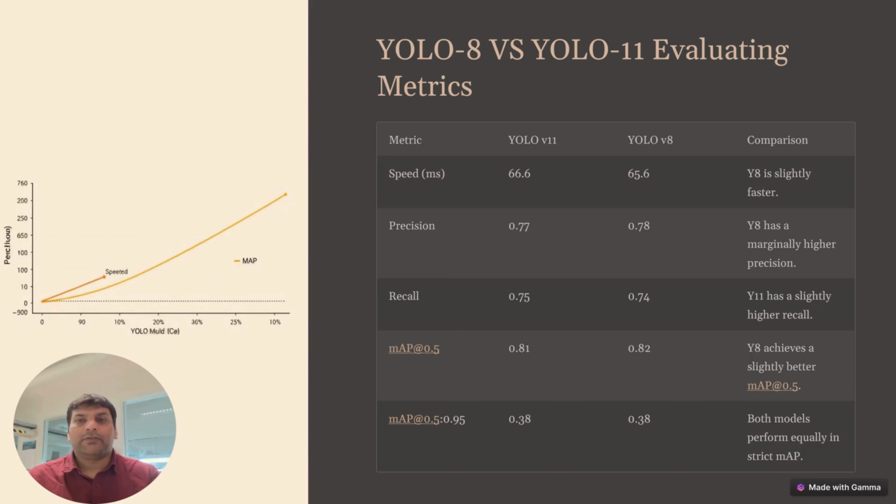YOLO 8 is slightly faster and has better precision and mAP 0.5, while YOLO 11 has a slightly higher recall. Both models perform equally in the stricter mAP evaluation, demonstrating their robust performance for different applications. So YOLO 8 outperforms YOLO 11 in two of the metrics. I recommend you still use YOLO 8 in your application when you are dealing with wooden subjects.